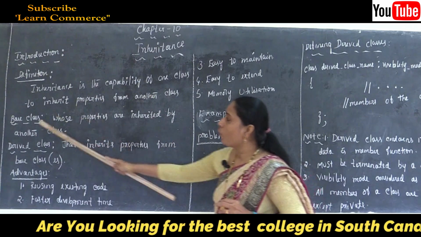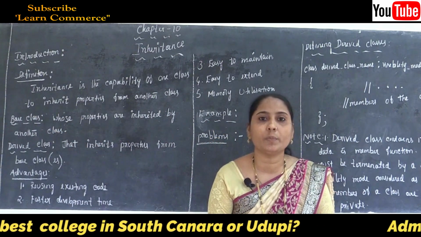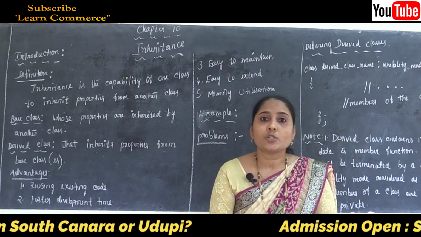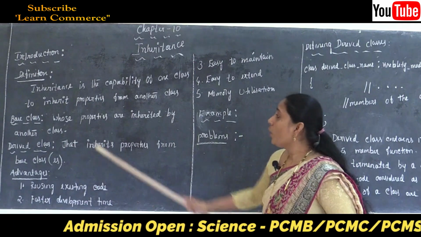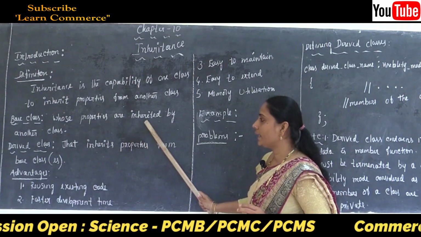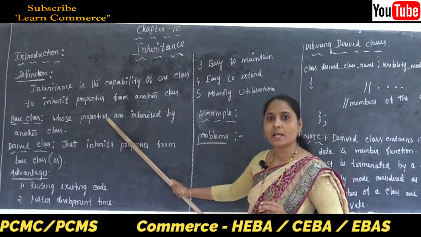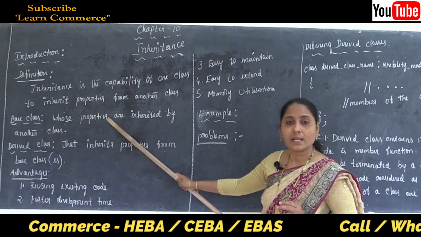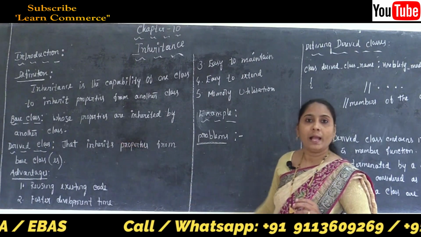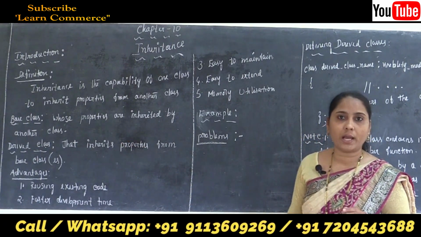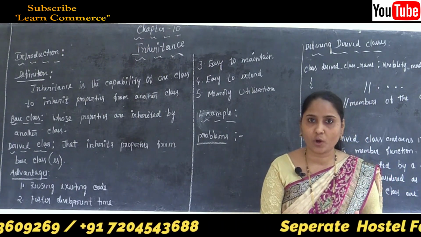Now let's see the base class. Which class is called the base class, or what is the meaning of the base class? The base class is the class whose properties are inherited by another class. Whatever properties are there in our base class, such properties are inherited by another class, and such a class is called the derived class.